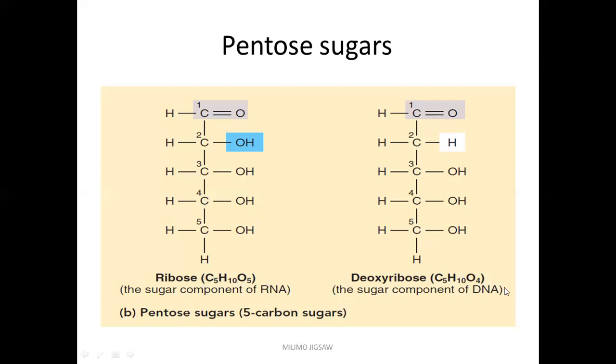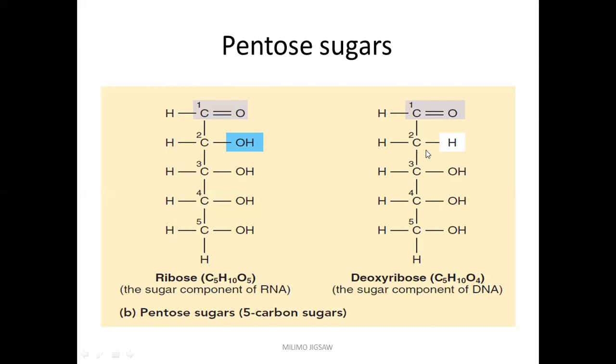However, when you look at the deoxyribose sugar, it deviates from the general molecular formula because it has 5 carbon atoms, 10 hydrogen atoms, but 4 oxygen atoms.